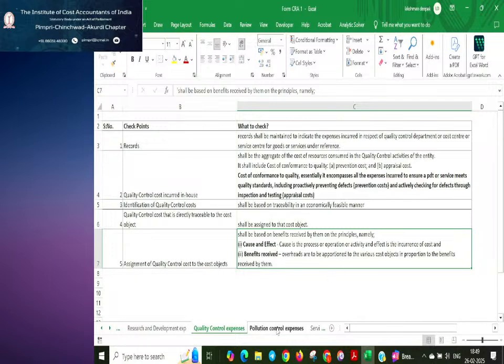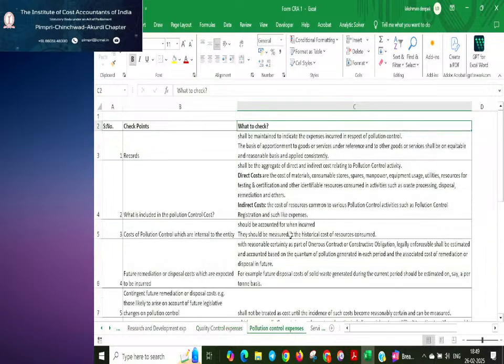Yes, ma'am. Then coming to pollution control expenses. This is very, very important, because when we talk about climate change, sustainable and clean energy, and effluents being mixed in the water and just discharged into water bodies, or specific kinds of industries, for example the textile industry, the norms are usually very strict because they use dyes and all, right?